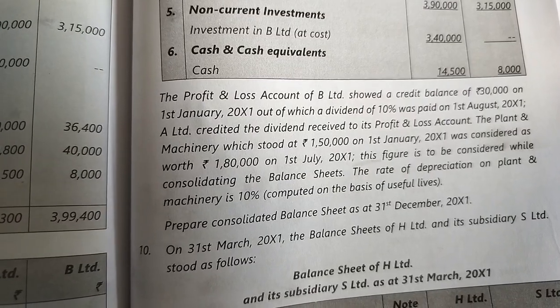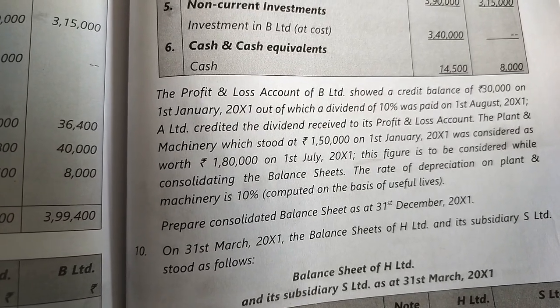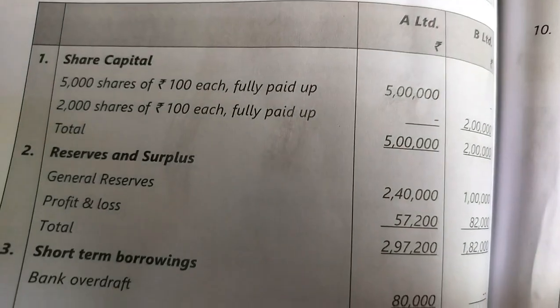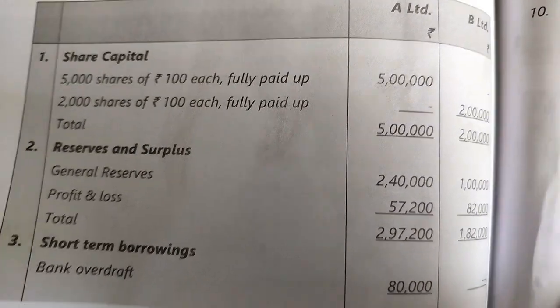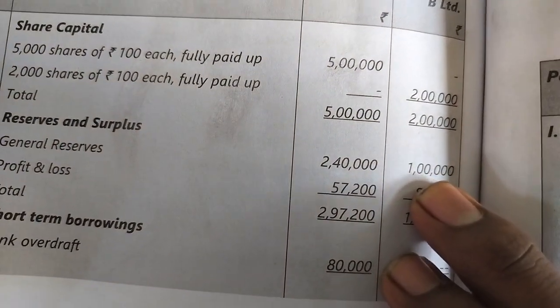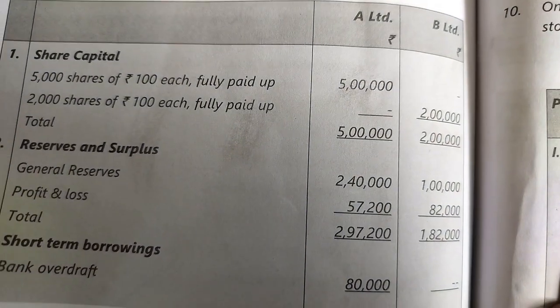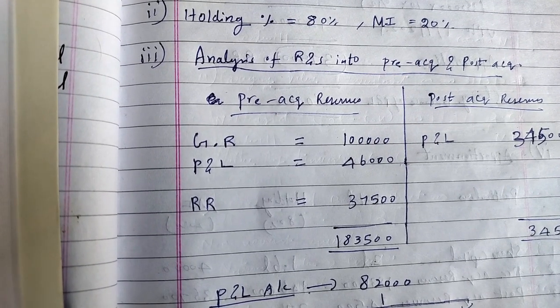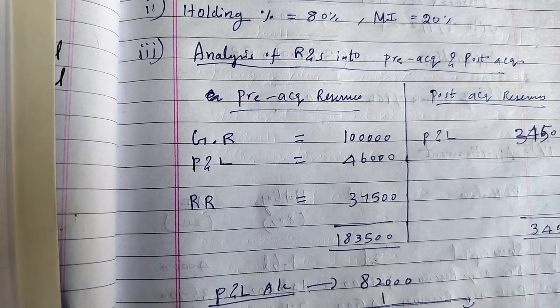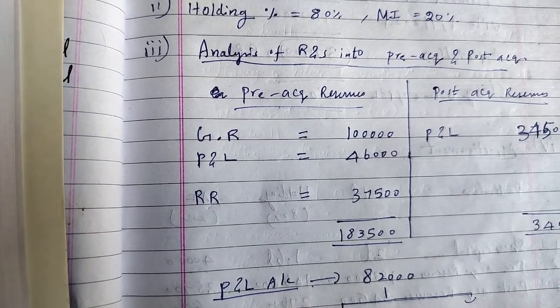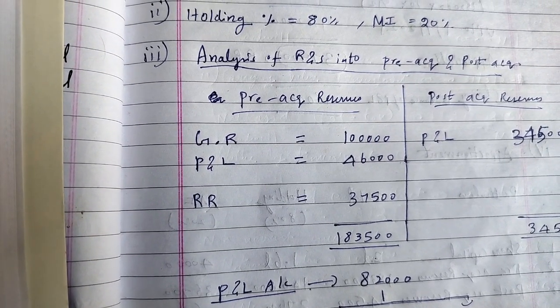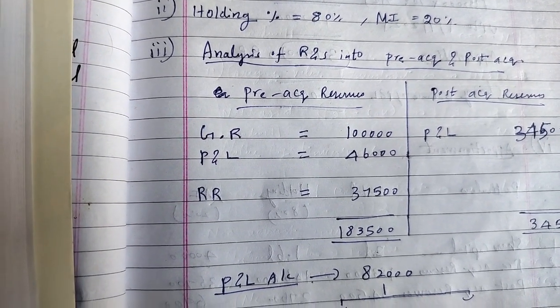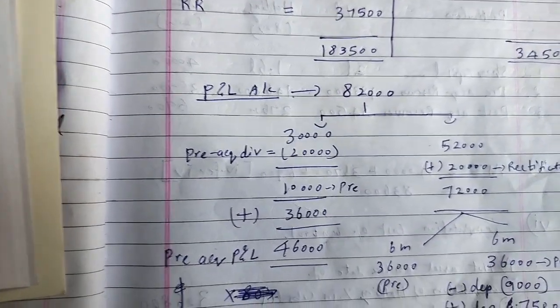In the question also they did not mention whether the general reserve is pre or post. So we need to take the general reserve, 1 lakh, as pre-acquisition reserves. See my solution: general reserve 1 lakh, and we need to identify P&L into post or pre, and revaluation reserve. Okay, we come to P&L.